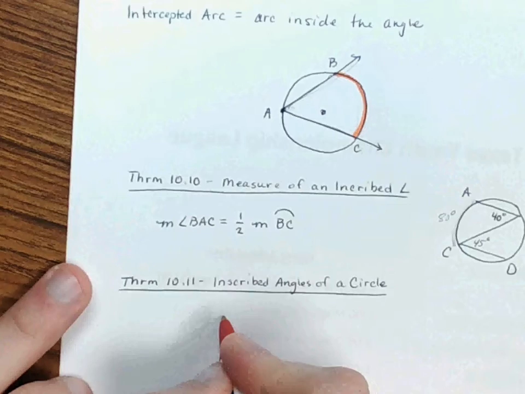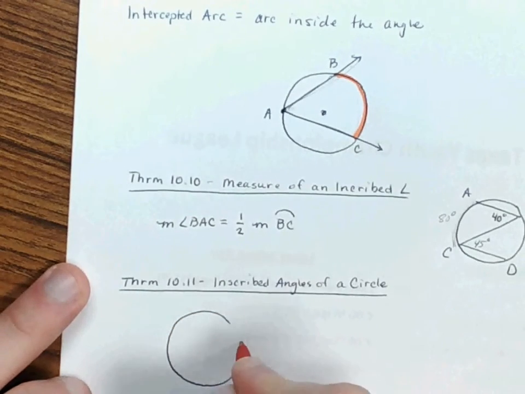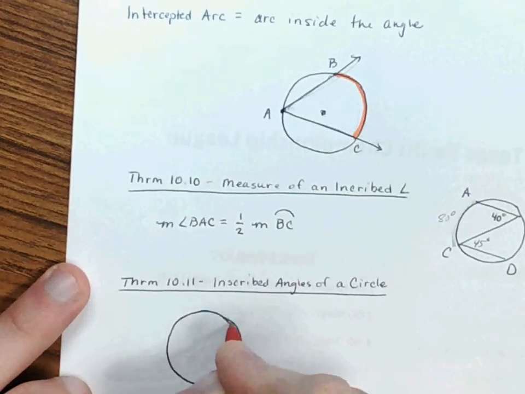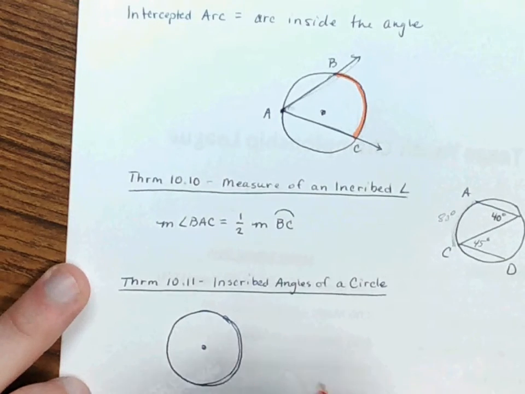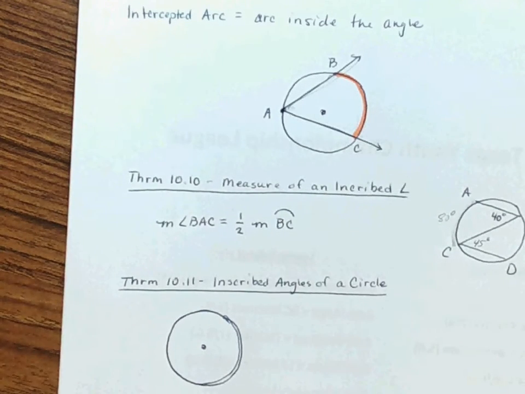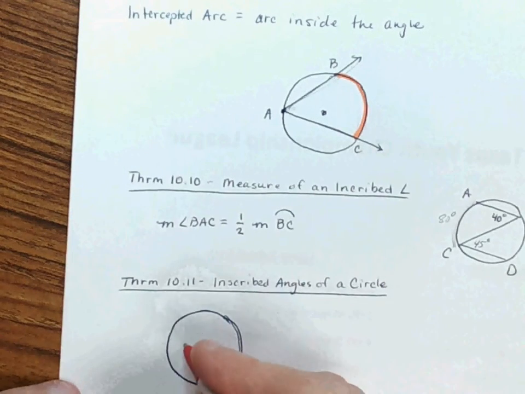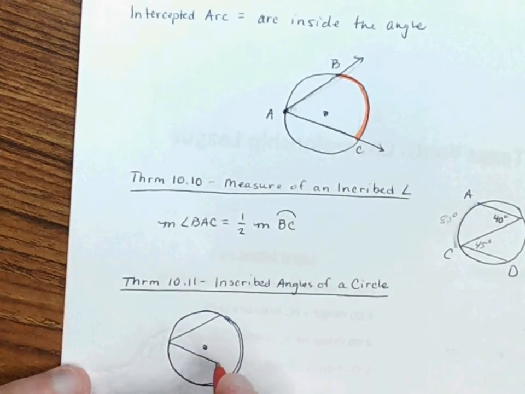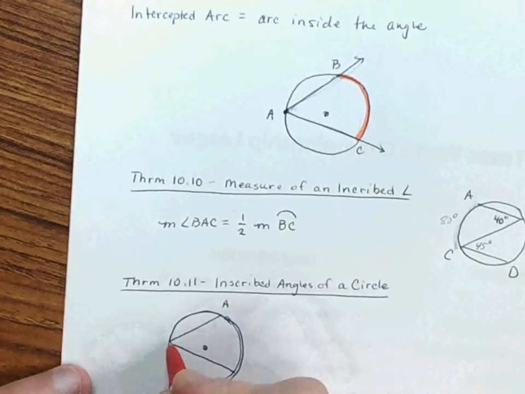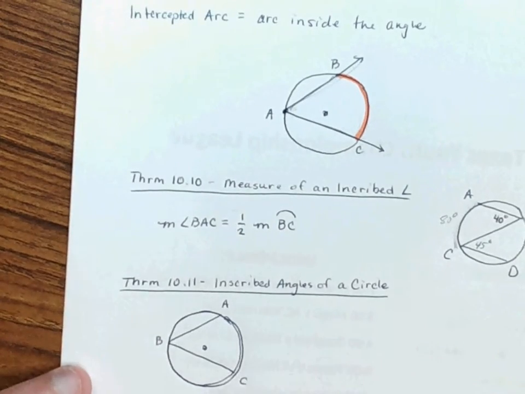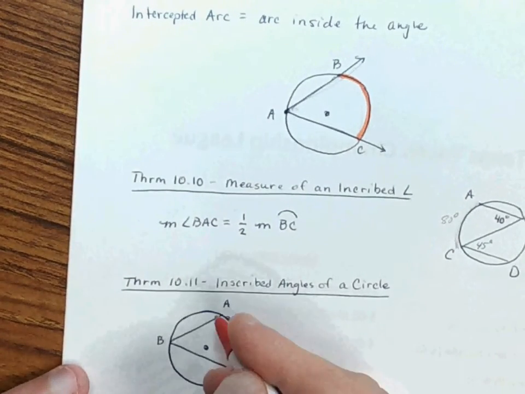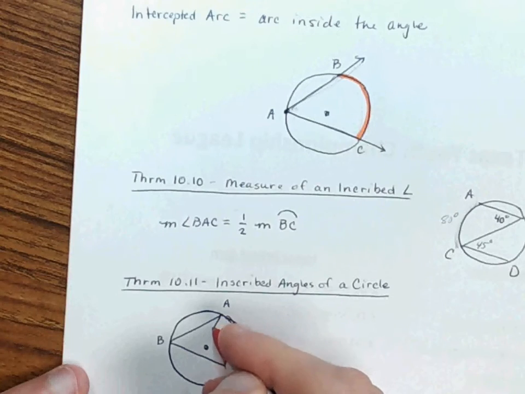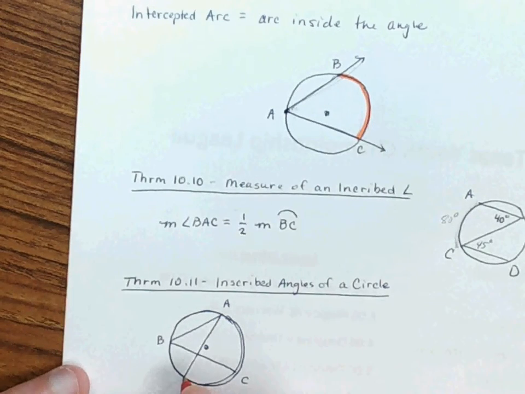Again, we're going to look at a picture of it because it'll make it easier, I think. What the inscribed angles of a circle theorem says is, well, we'll just draw it. Let's say I've got this inscribed angle, ABC, and then I've got this inscribed angle, ADC.